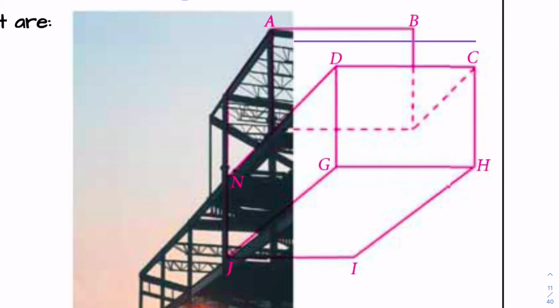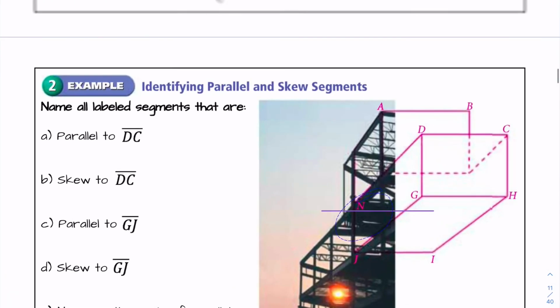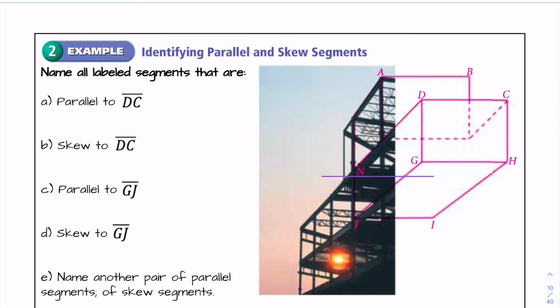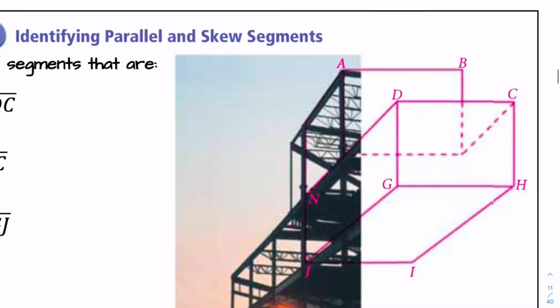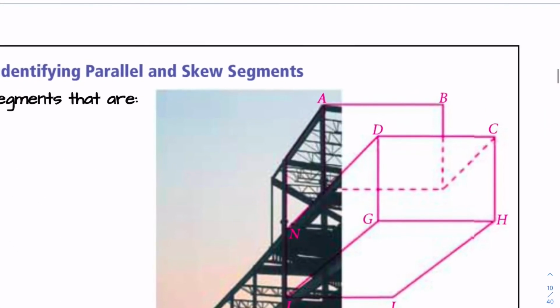So those four are parallel. N does not have anything to match with, so don't worry about that N that you see there, okay? So these are segments. So I'm going to say AB, so segment AB.